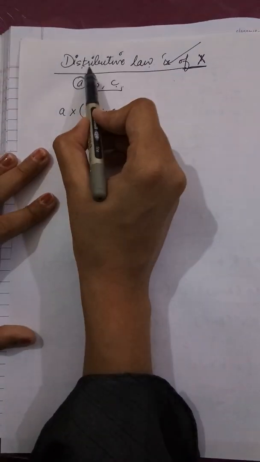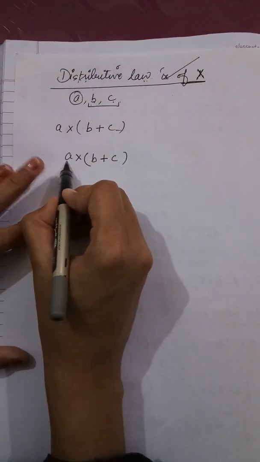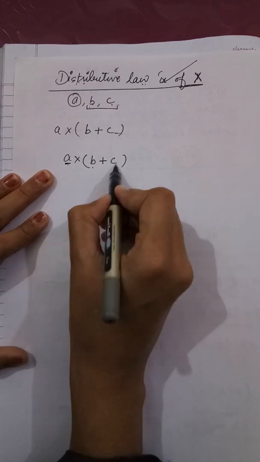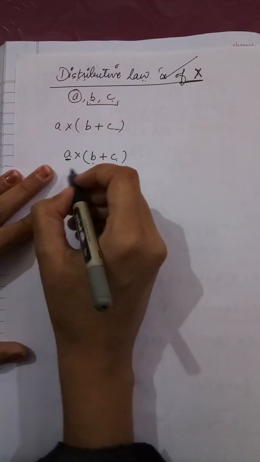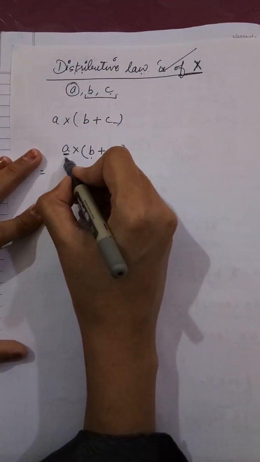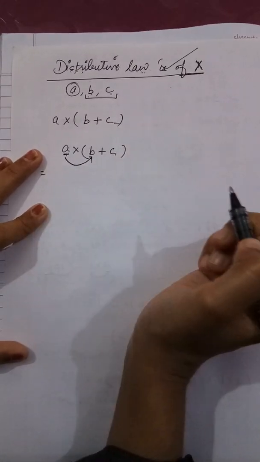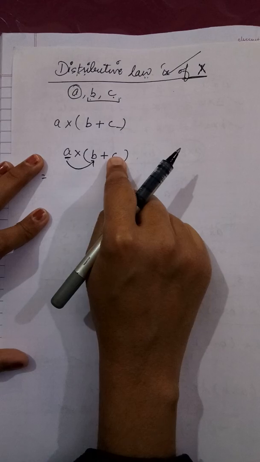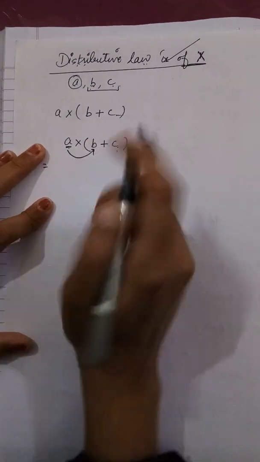Now distributive law means that we are going to distribute this A between B and then C. Firstly what we are going to do here is, I am going to multiply A with B. One by one we are going to multiply A with all the digits which are inside the bracket.